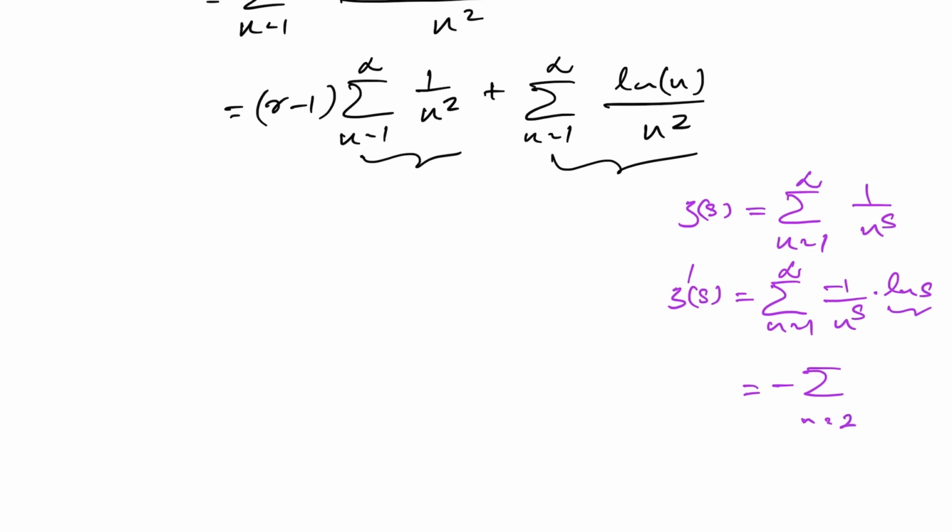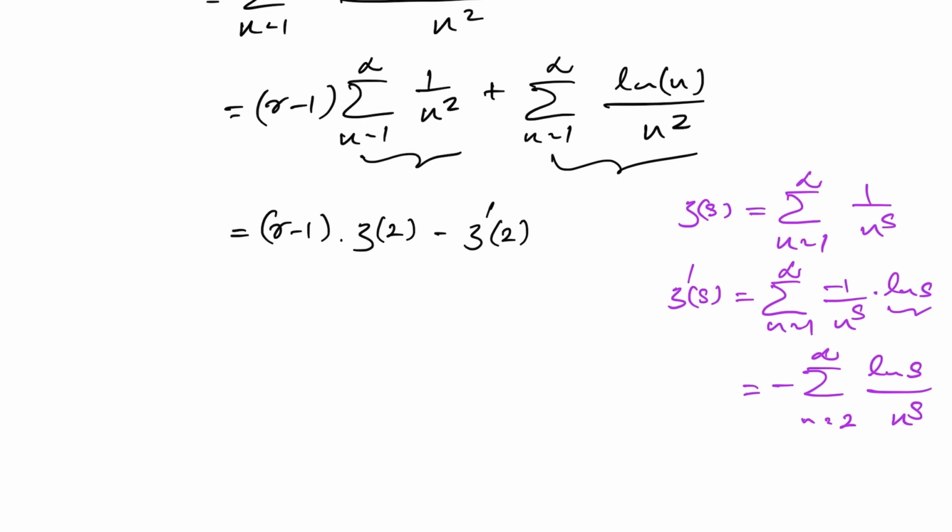So the sum of natural log of n over n to the s. So we have here gamma minus 1 times, this we know is zeta of 2. Then this is equal to minus zeta dash of 2, so minus zeta dash of 2.